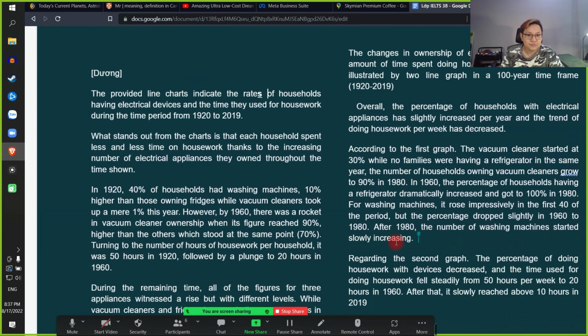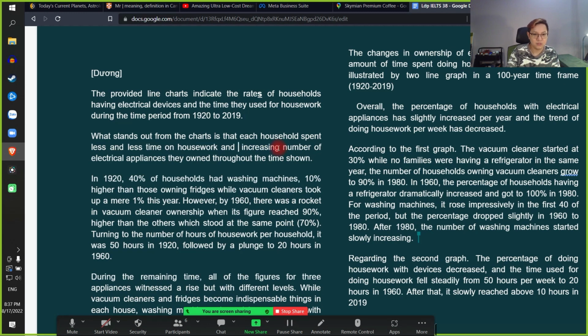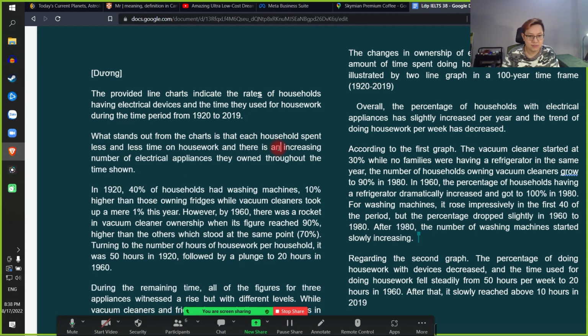Okay, so each household spends less and less time on housework. And there's an increasing, và có một cái lượng ngày càng gia tăng thôi, chứ đâu phải là nhờ vào cái gì đó.